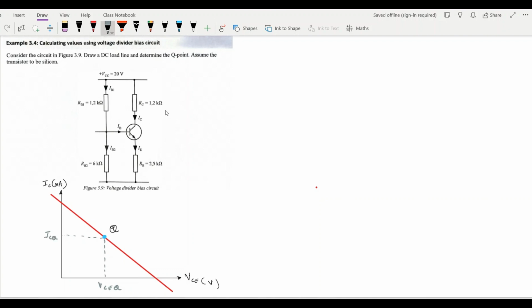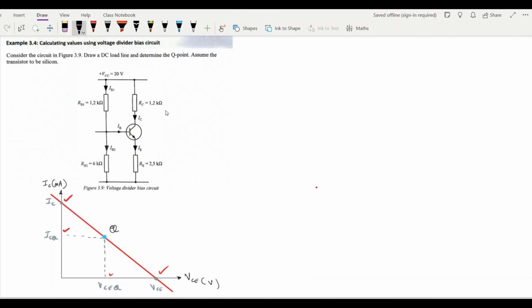That is basically what we will be doing. So we need to identify what the value here is, and what the value there is. Perfect. Now, let us start calculating.